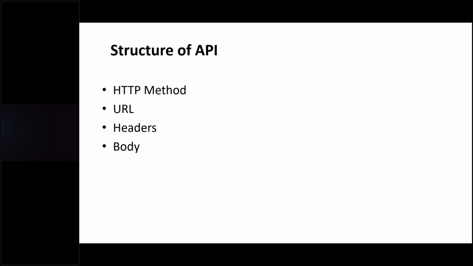In this structure, these three are mandatory: a method, URL, and headers. Without these, we cannot fire a request to the server, or the request will not be a validated request. Body can be optional. This we will see in practical.